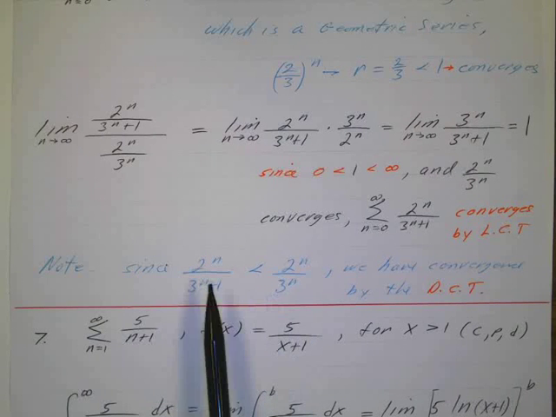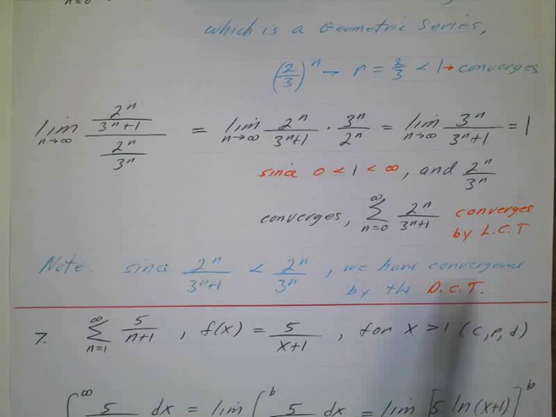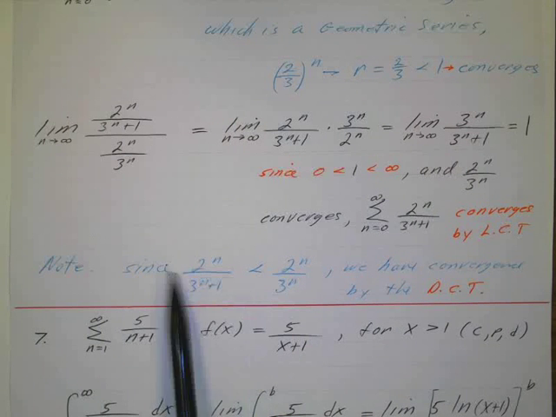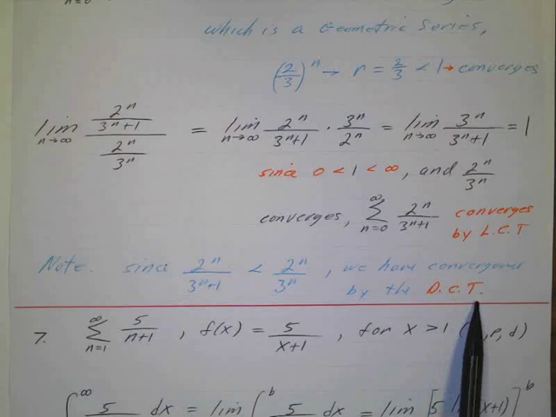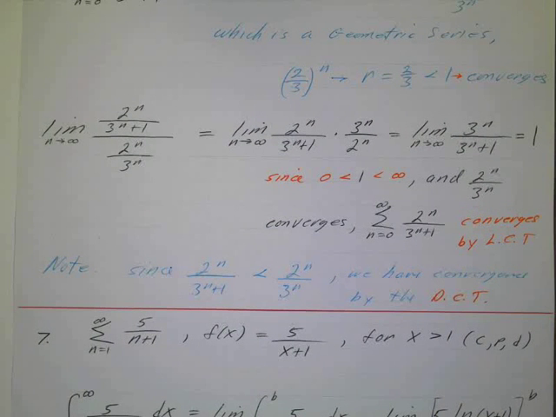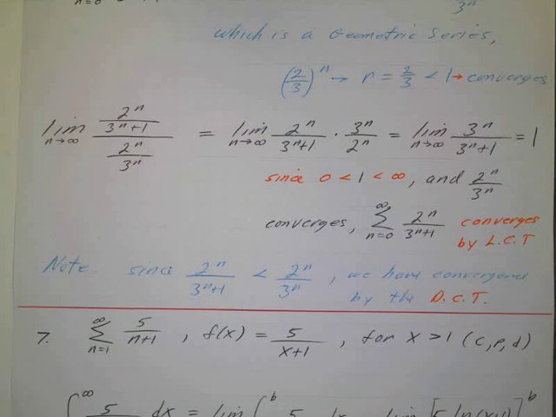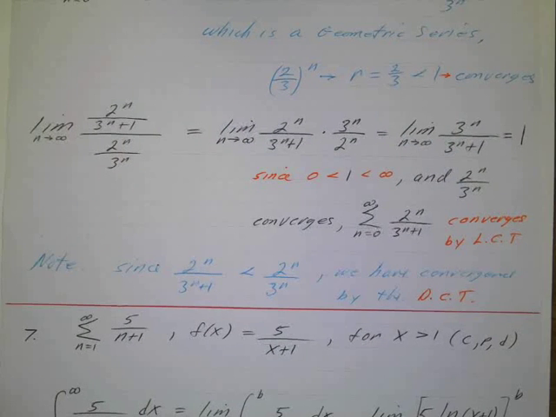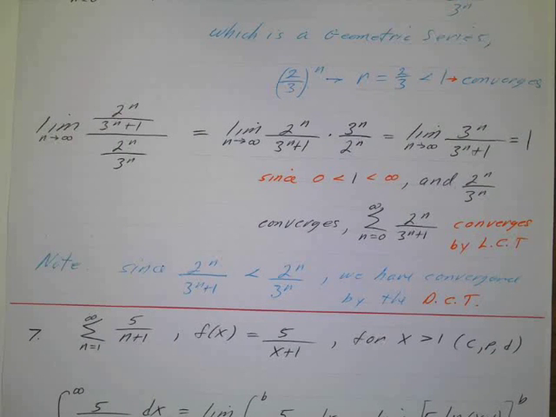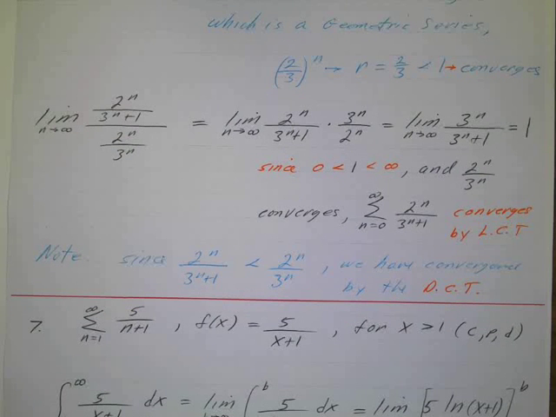That means these terms are always smaller than these terms, so we have convergence. In other words, because this converges, this would converge by the direct comparison test. So actually that would have been an easier way to go. But since the directions were to use the LCT, that's what we did. But like I said, the direct comparison test would be real easy to do.